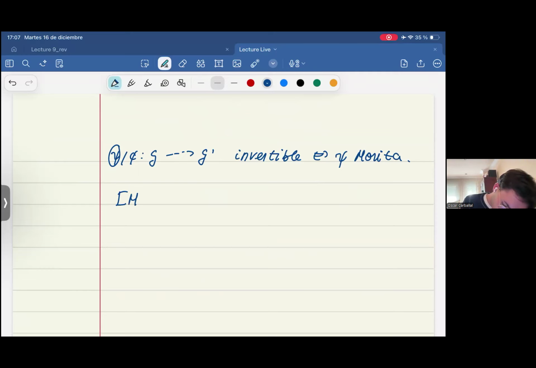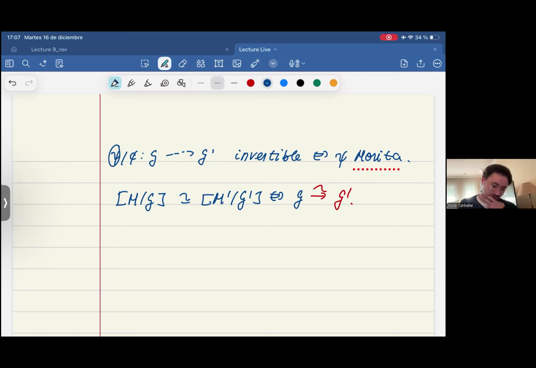So finally, two differentiable stacks are isomorphic if and only if the Lie groupoids are Morita equivalent, right? So isomorphism of differentiable stacks is Morita equivalence of Lie groupoids.